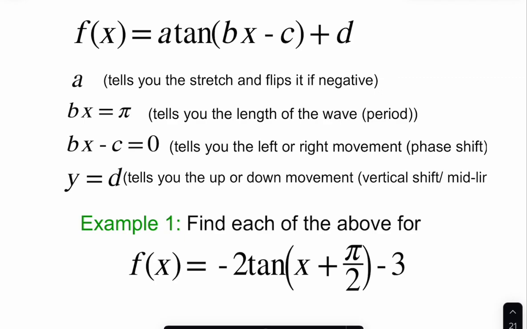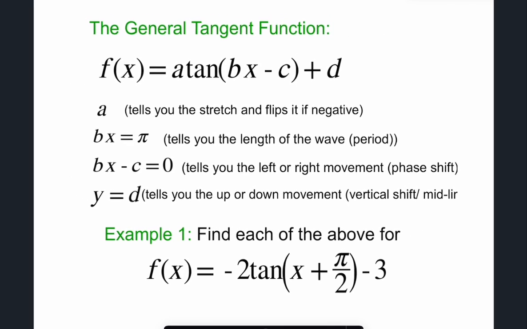So if we look at this, let's just highlight some stuff, okay? Remember that A tells you if those cubics are stretched at all or possibly flipped. The BX alone, just this part, tells you the period, or where the repeats are. But look what's different.